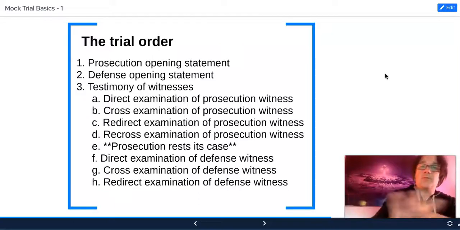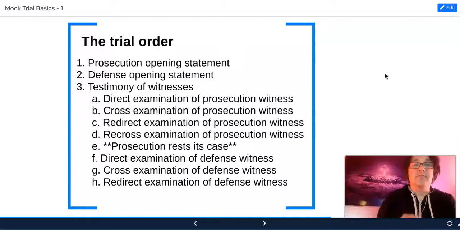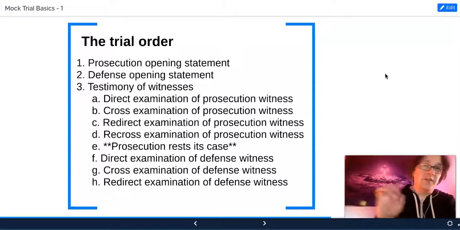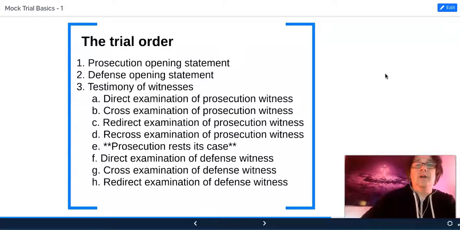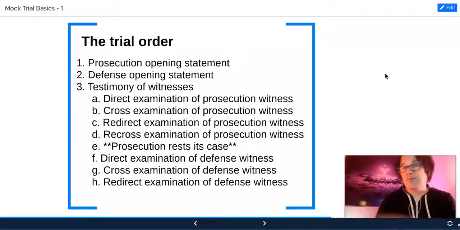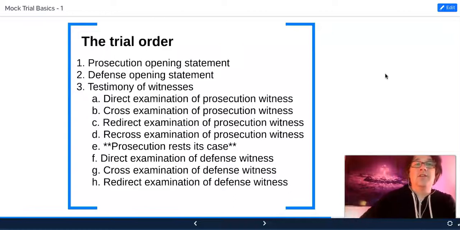So this process of direct examination, cross-examination, redirect, and recross examination will apply for every one of the prosecution's witnesses. So those steps, say A through D, will take place for each prosecution witness, and then once all the witnesses have been called, the prosecution will rest its case.